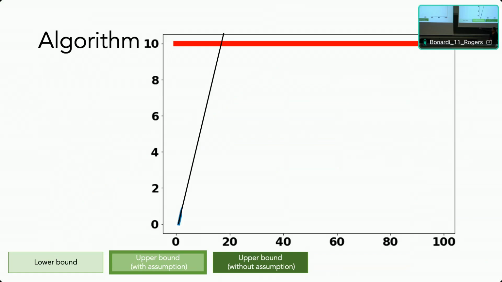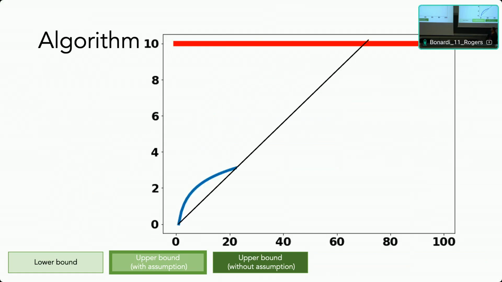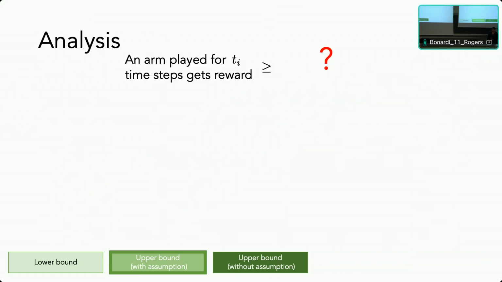The projection crosses the line, so we're fine. We pull the arm again, it still crosses the line, still happy, and we keep doing this. Things are good until they're not, at which point we stop pulling the arm. So the question is, how much do we get from an arm that we play for T_i time steps?